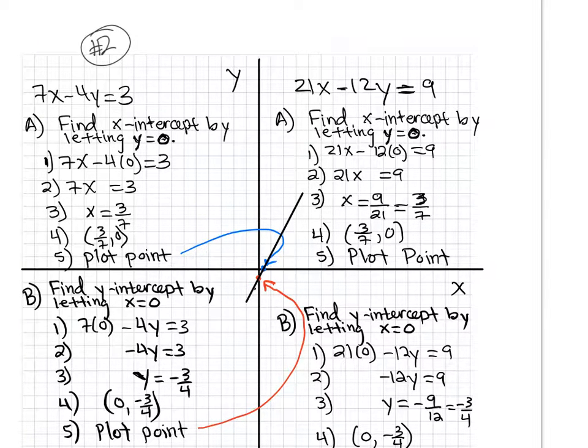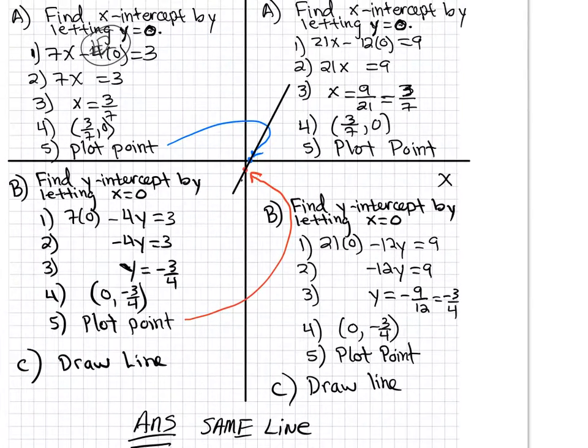Repeating the process for B, we want to find the y-intercept by letting x equal 0. So we have 21 times 0 minus 12y equals 9. 21 times 0 is just 0, so that disappears, and we get negative 12y equals 9.